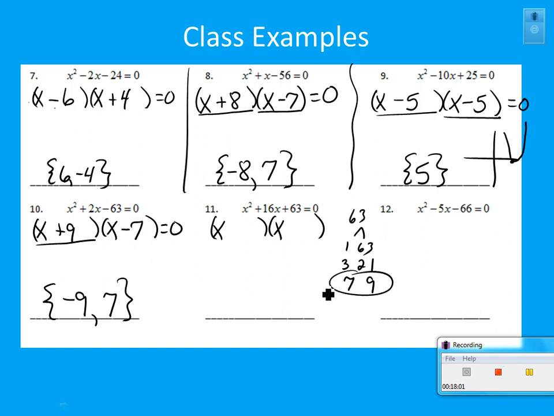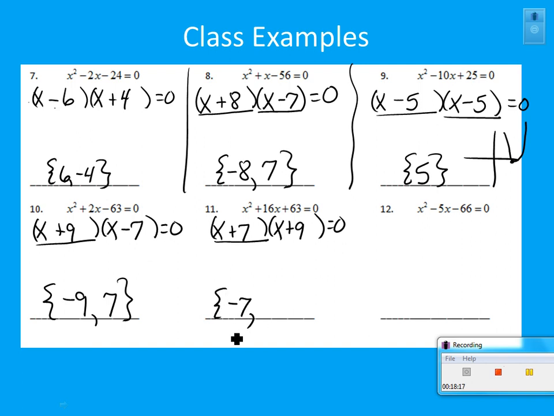Positive 7 and positive 9. So I got plus 7 plus 9 equals 0. Set each of these parentheses equal to 0, so that one is going to be negative 7. This one is going to be negative 9. Hopefully you're at the point that you can just look at the parentheses and get the answer.